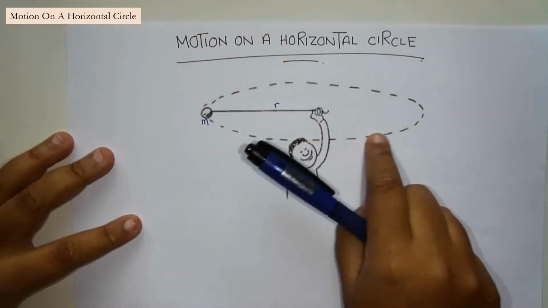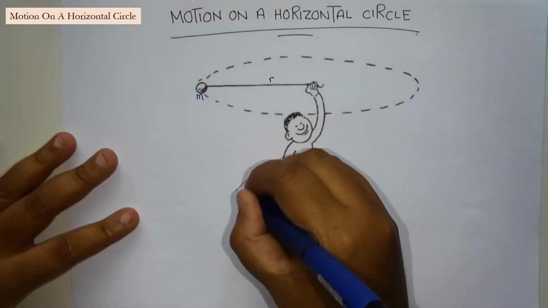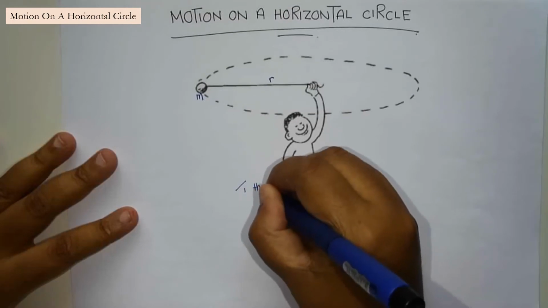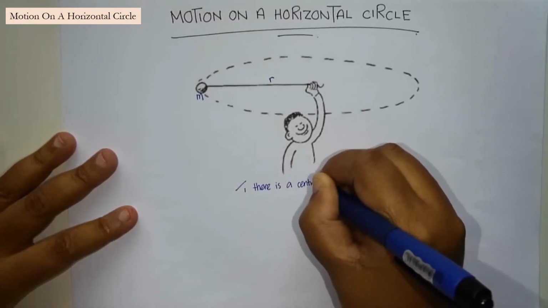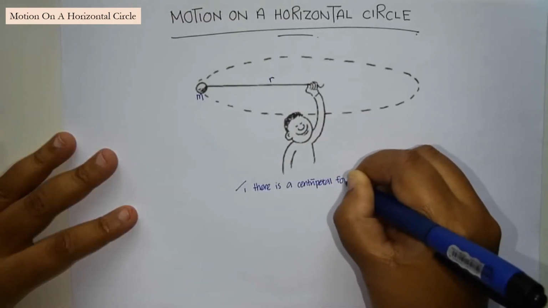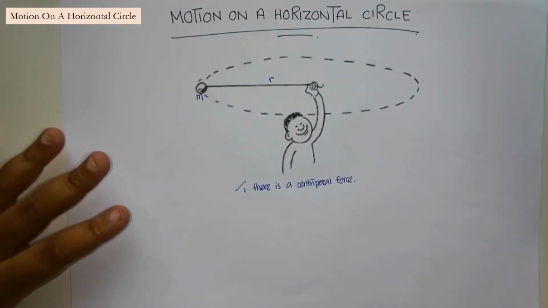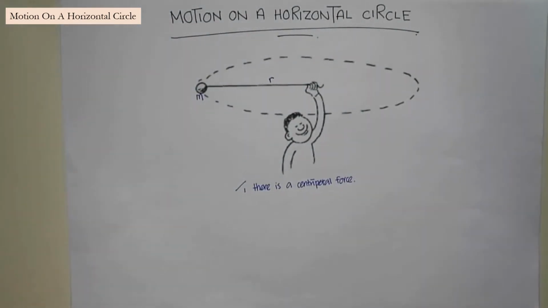If the stone can perform the circular motion, definitely there is a centripetal force. So we want to find out what the centripetal force is.